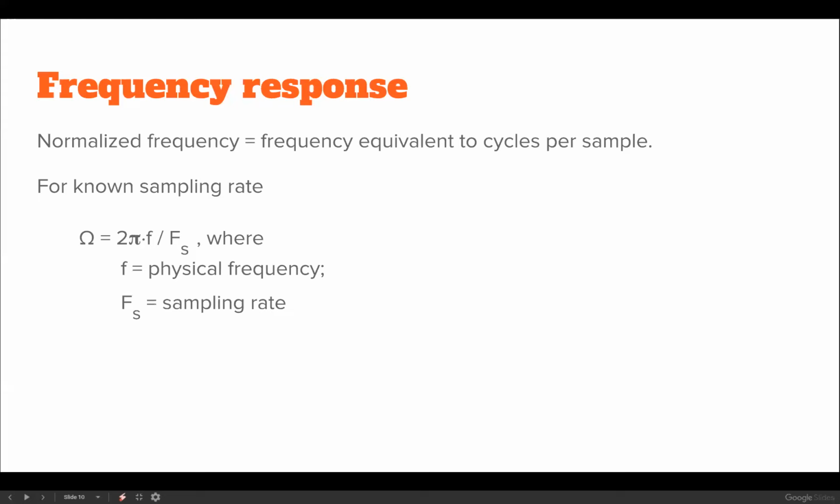At 0, you are at DC, or if omega goes to 2 pi, then you are at the sampling rate again, and actually 4 pi would be at the same point, and so on. So it's a repeating spectrum.